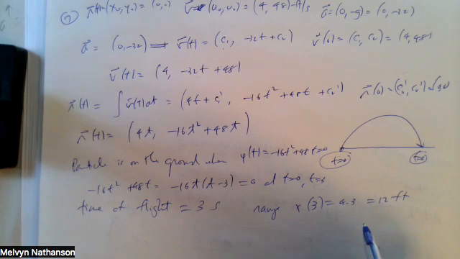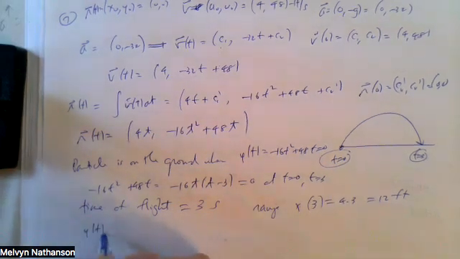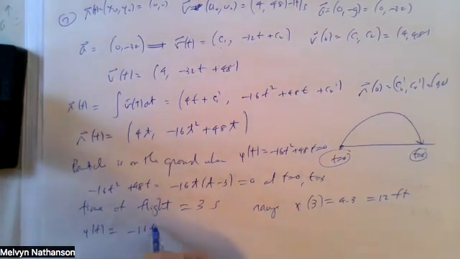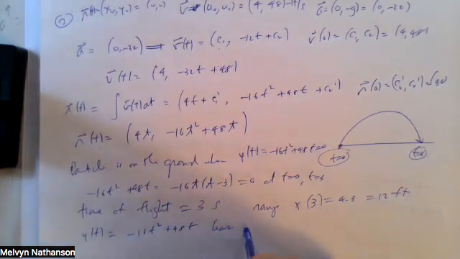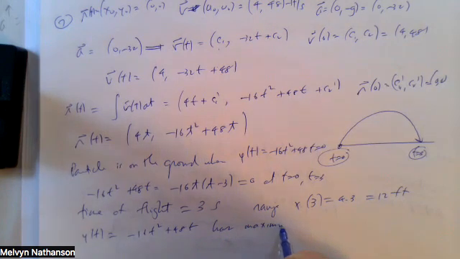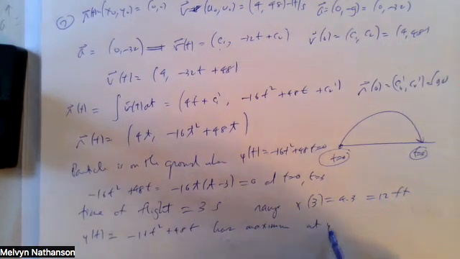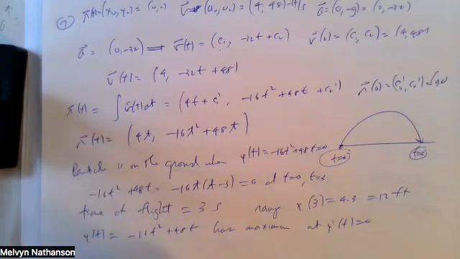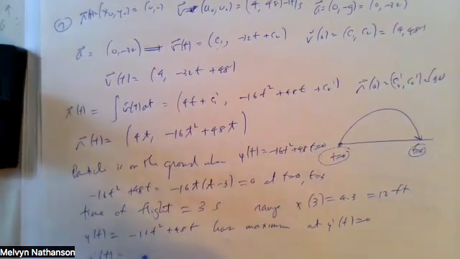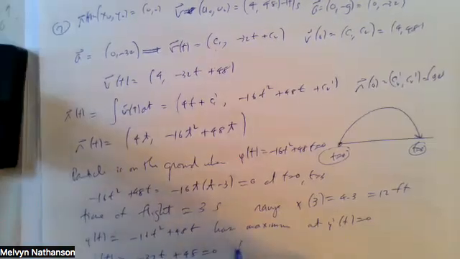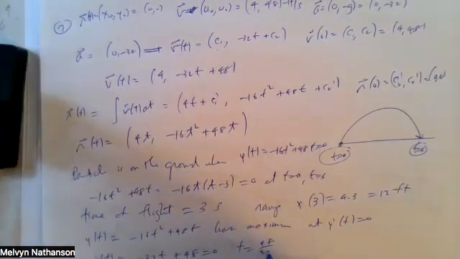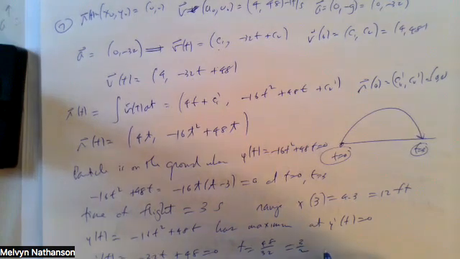And what is its maximum height in the flight? So you look at y of t. y of t is minus 16t squared plus 48t. This has a maximum height at y prime of t equals 0. y prime of t is minus 32t plus 48, which equals 0 when t equals 48 over 32, or 3/2 seconds.